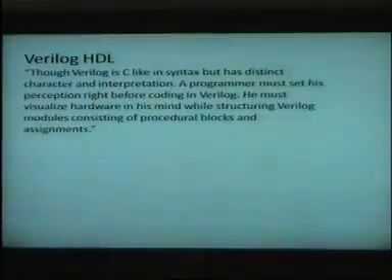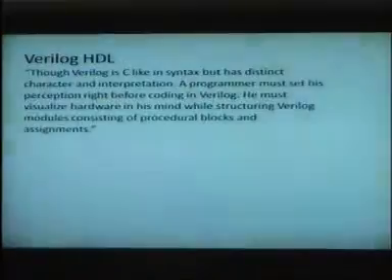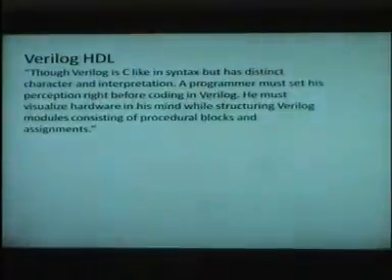They have an algorithm in mind, so they just sit down and start coding the algorithm, not realizing what that algorithm will actually get synthesized into. And that's a very major problem. Once they synthesize, we find out a small design which we asked somebody to do is taking 40% of the FPGA, because he is not keeping in mind that whatever you write in Verilog, a single line of code means something in hardware.